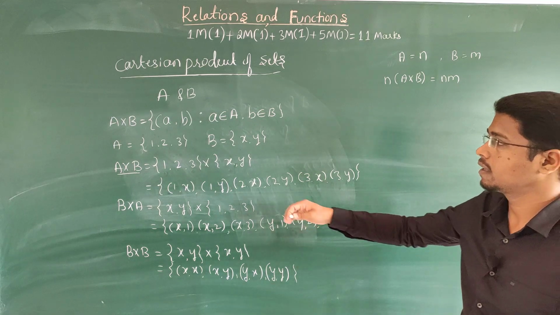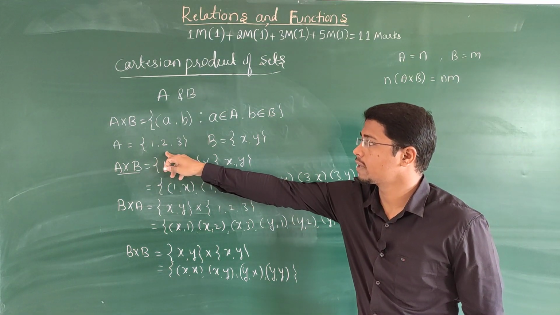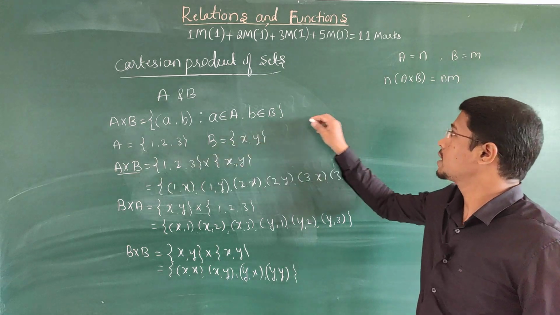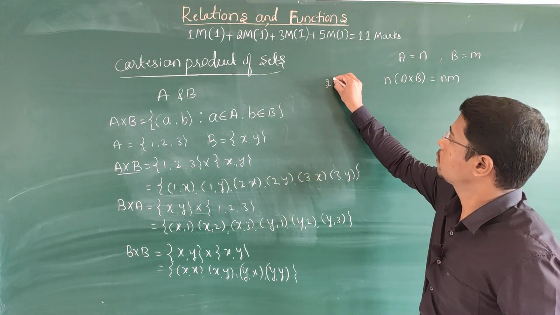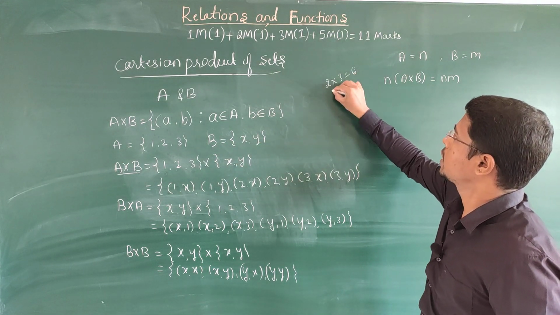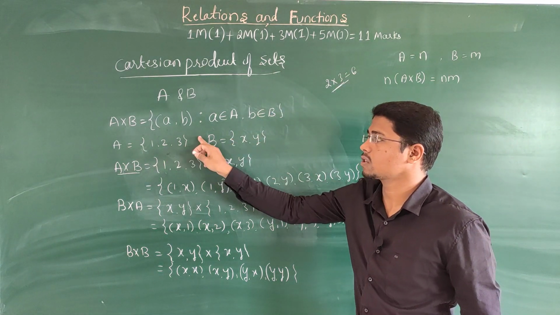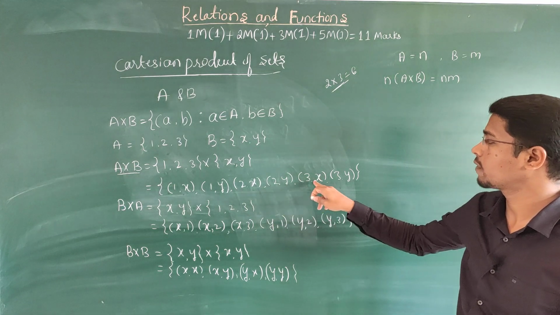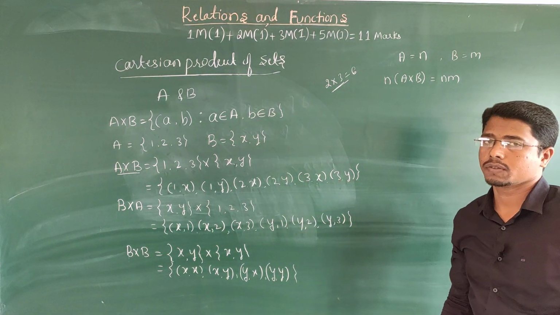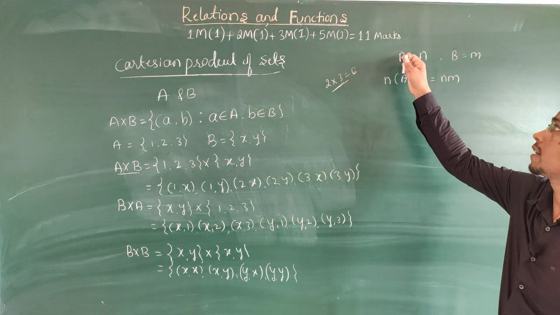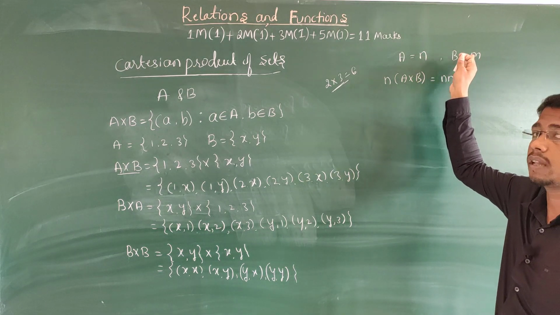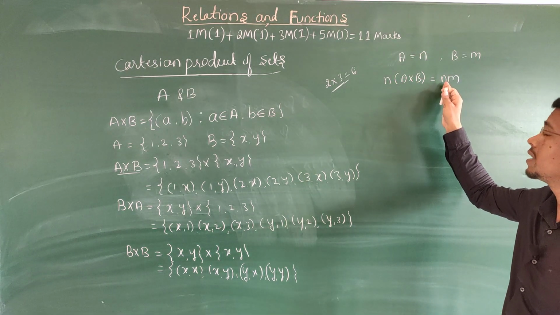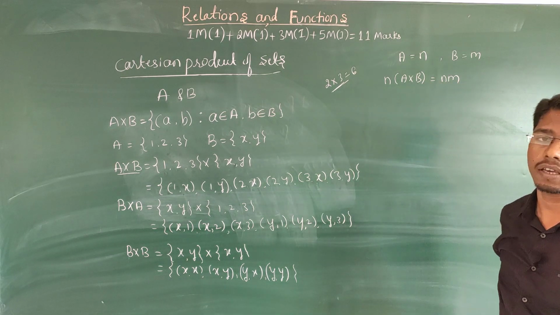That is, see, set A contains 3 elements, set B contains 2 elements, so it is 2 into 3. So the Cartesian product A cross B should contain 6 elements. So see, 1, 2, 3, 4, 5, 6. Okay, so if set A contains n elements, set B contains m elements, then its Cartesian product contains m into n or n into m elements.